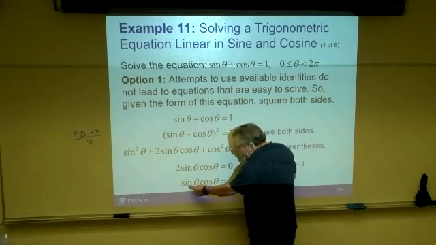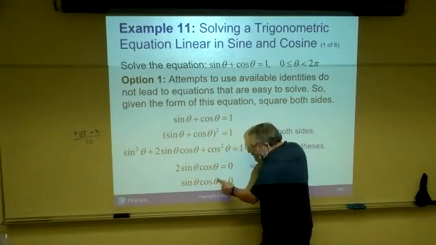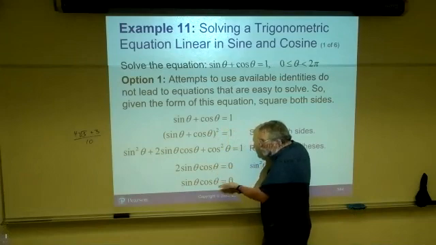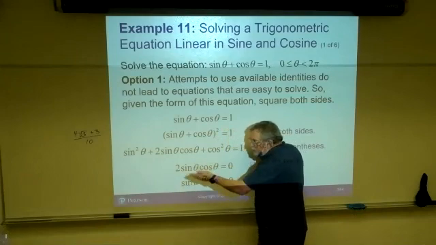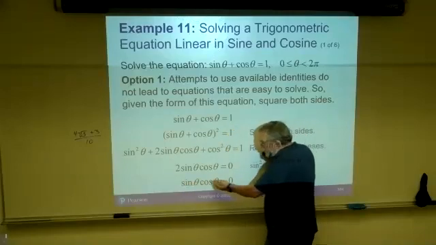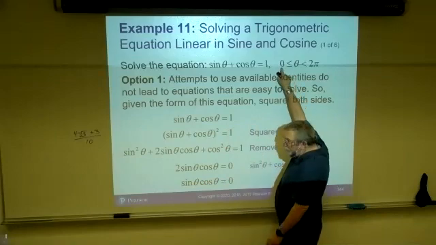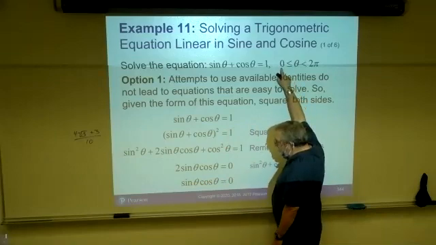So sine of theta equals 0, or cosine of theta equals 0. This is like x times y equals 0, so one of those has to be 0. Well, when sine is 0, that means theta is 0 degrees.